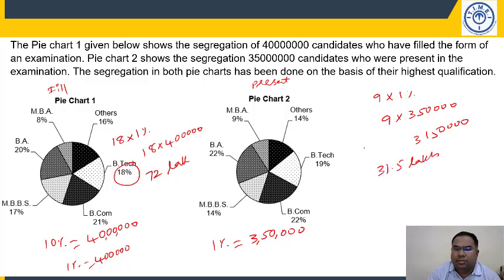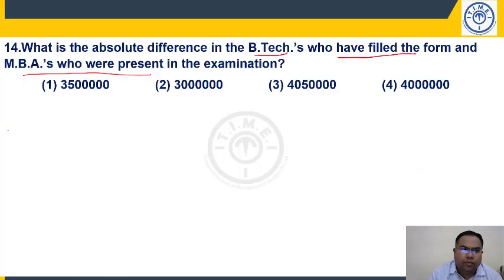72 lakh, 31.5 lakh. Difference is how much? 8.5 if I add, it will be 40. 32 plus 8 will be 40.5 lakh. This is the difference. 40.5 lakh. So lakh is 10 power 5. 40.5 into 10 power 5. 1, 2, 3, 4, 5.